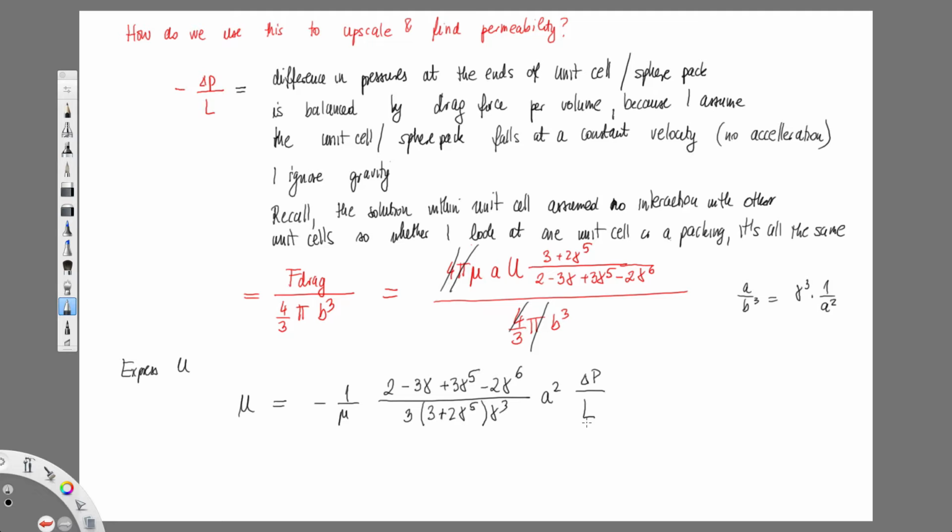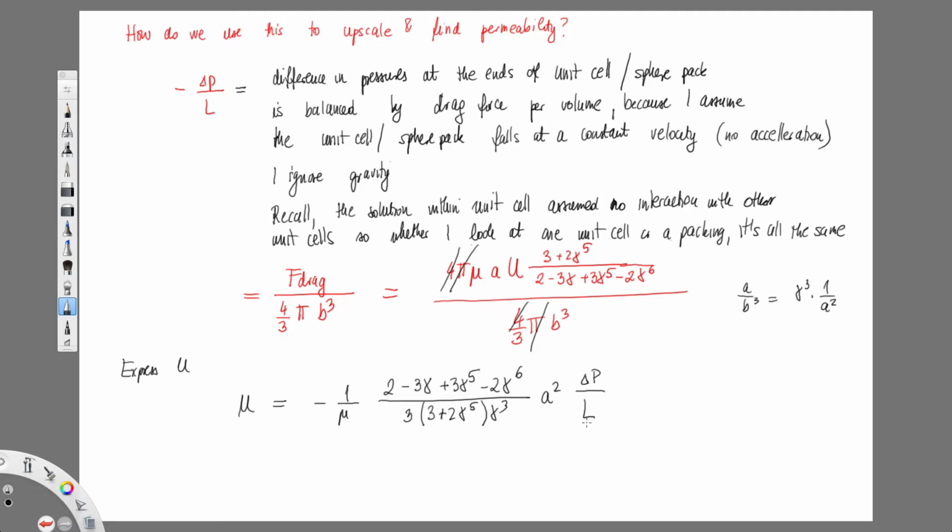It's delta P over L here. 1 over mu, minus 1 over mu is here. What's left here depends only on the geometry of this unit cell packing. Okay? Sphere radius squared. Gamma is related to porosity, so it's a function of porosity times a squared.